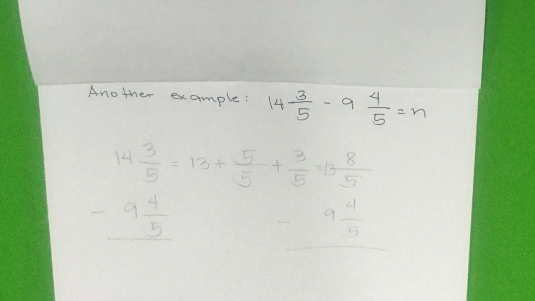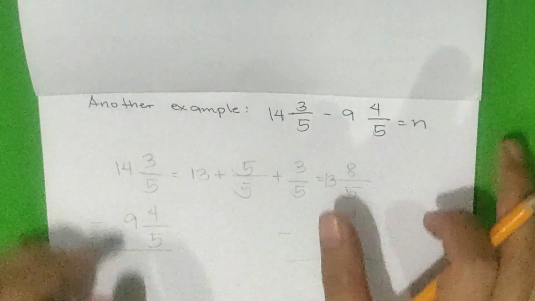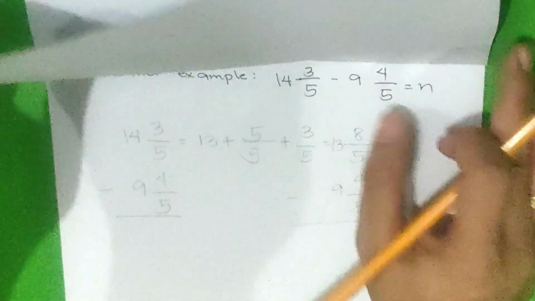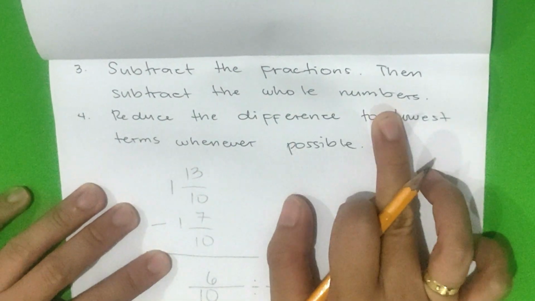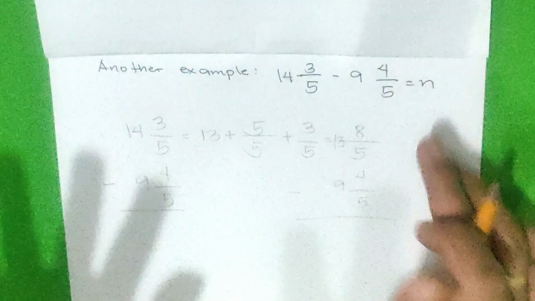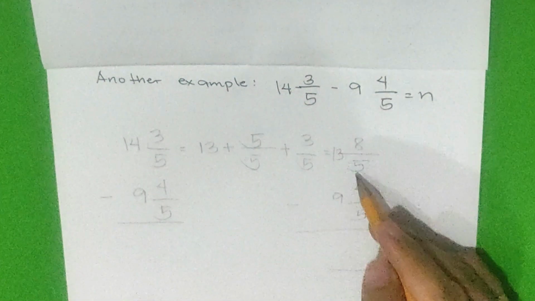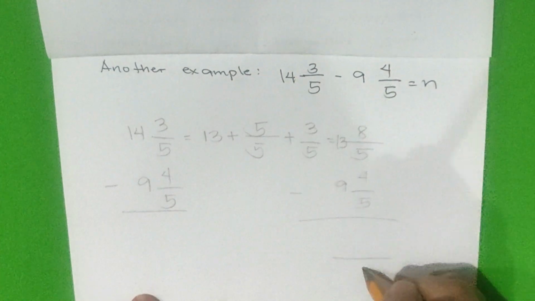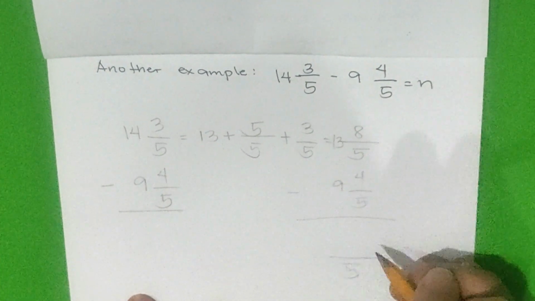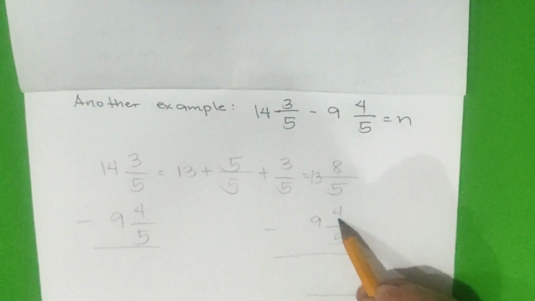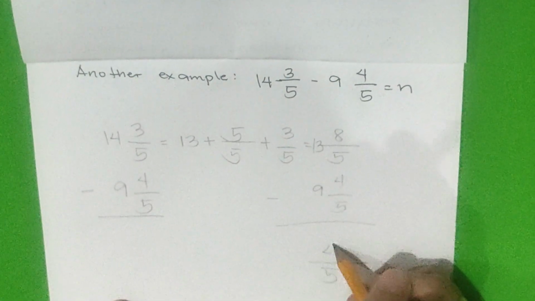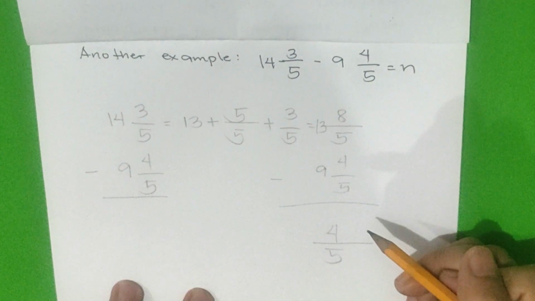The third step is to subtract the fractions and then subtract the whole numbers. Since our fractions are already similar, let's just copy the denominator 5 and subtract 8 and 4. The answer is 4.